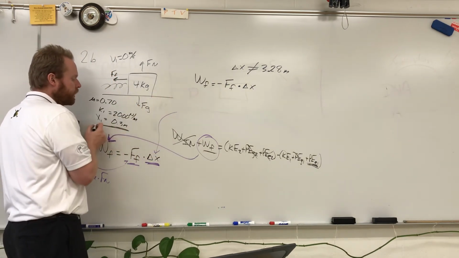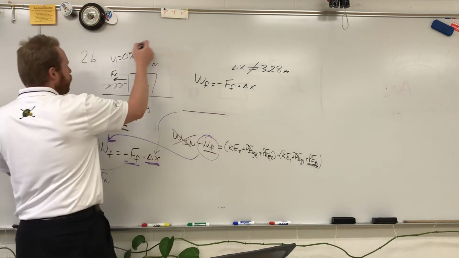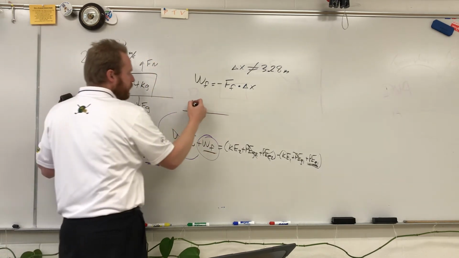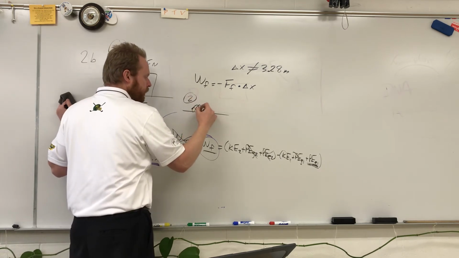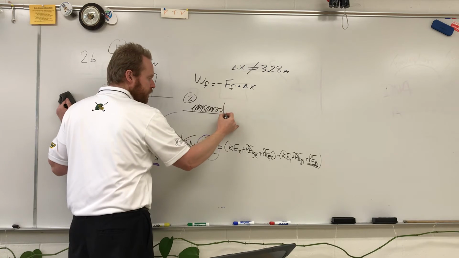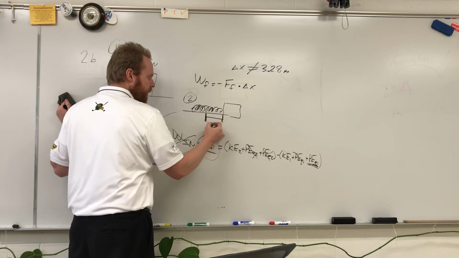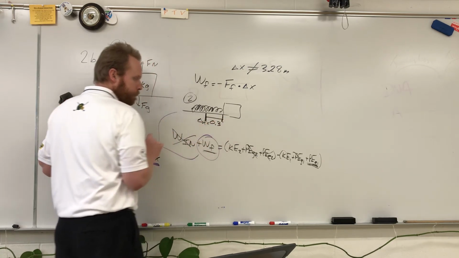What I'm asking is how fast will this object be going once it leaves the spring? So my spring is compressed 0.3 meters. So if this is like my before picture, and then this is my after picture, I have my spring that is now stretched out, and it just left that spring. So it was here, now it's here, it has moved 0.3 meters.